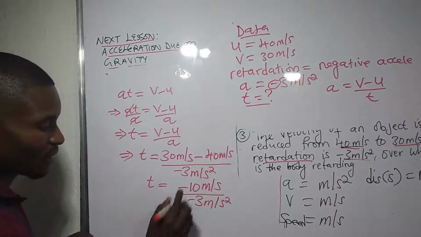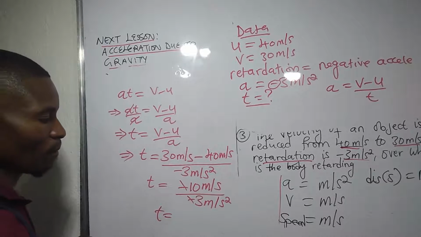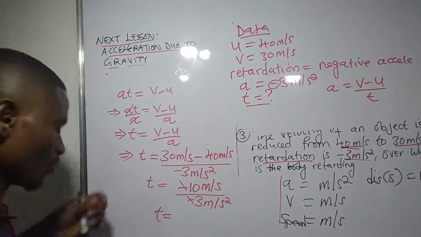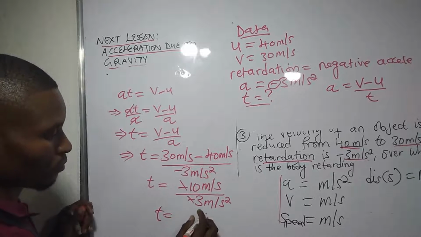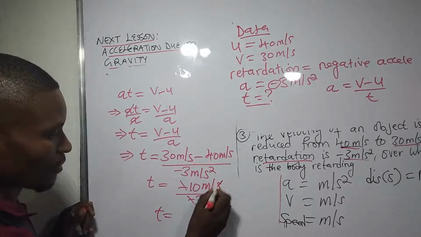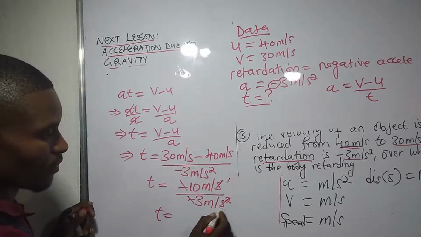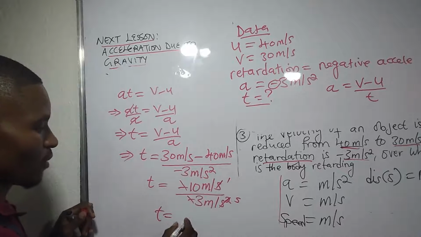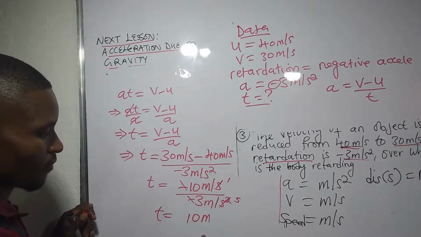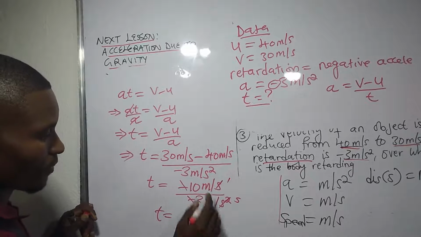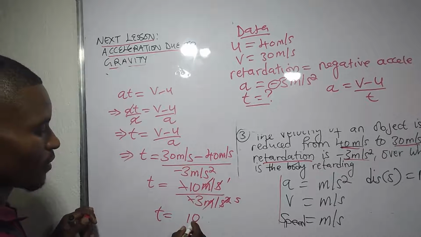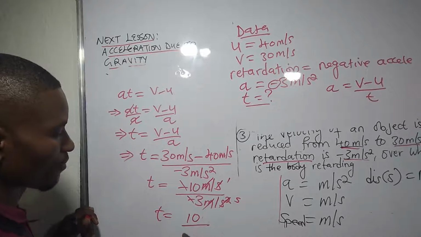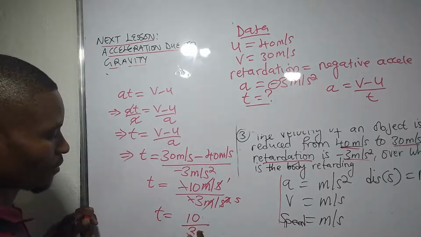The negative will cancel, and the units cancel, so you only have 10 divided by 3 seconds.